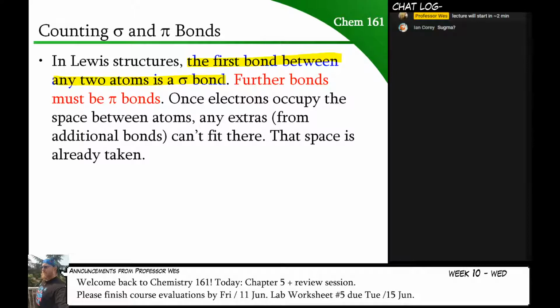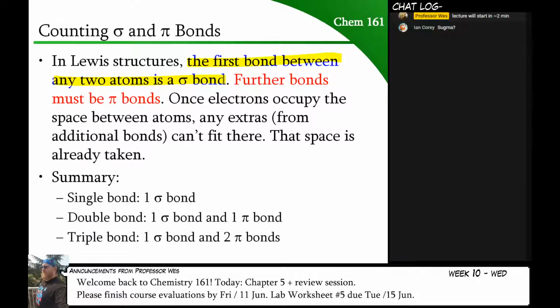However, that space gets occupied once you do that. If you make more bonds, further bonds need to be pi bonds. They have to go around the internuclear axis. And we're going to show that in 3 dimensions in just a little bit so you can see that.